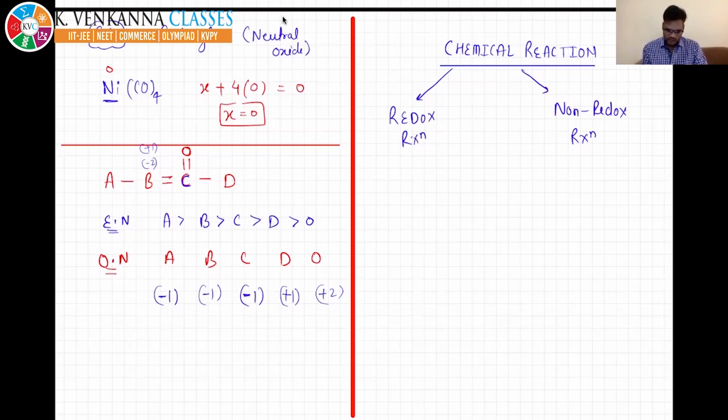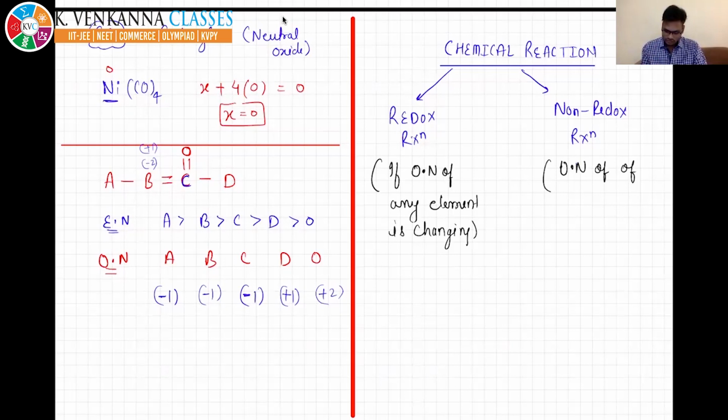In a redox reaction, if the oxidation number of at least one element is changing, then that will be considered redox. Otherwise, the oxidation number will remain the same.